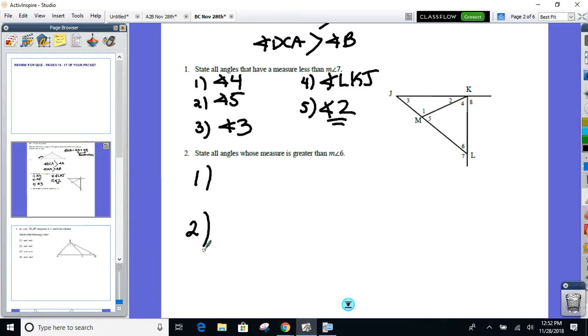Name 2 angles that are greater than 6. You should be saying to yourself, angle 6 is a remote interior for this exterior angle. And there's 2 of them.